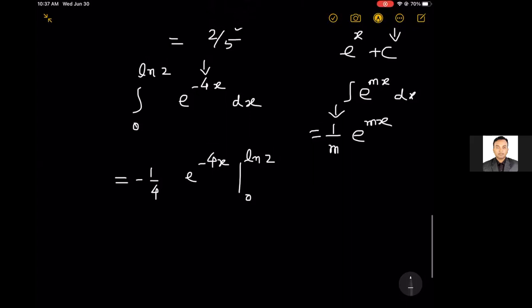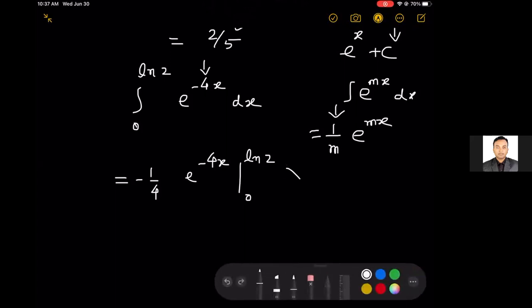Any question up to this? We're not yet done, by the way. We need to evaluate it at these two values. But before that, any question from this? No questions at all? All good?